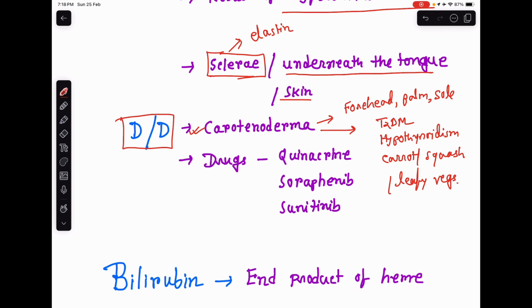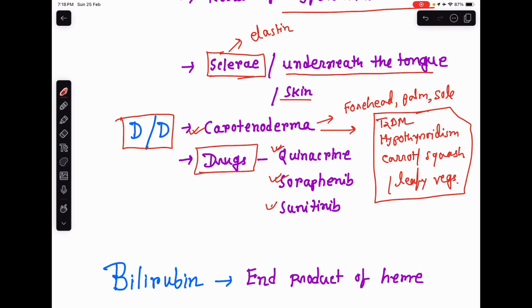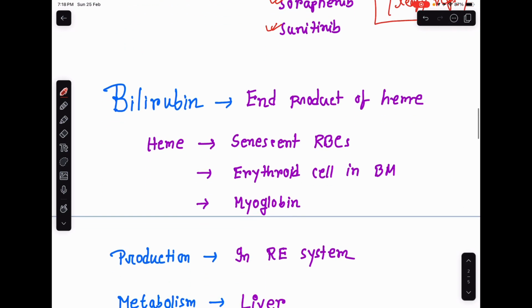So these are certain conditions where we may see carotenoderma, which is considered a differential diagnosis of yellowish discoloration, that is jaundice. Use of certain drugs like quinacrine, sorafenib, sunitinib can result in yellowish discoloration of skin. So we need to first rule out the differential diagnosis, then we can confirm the jaundice.